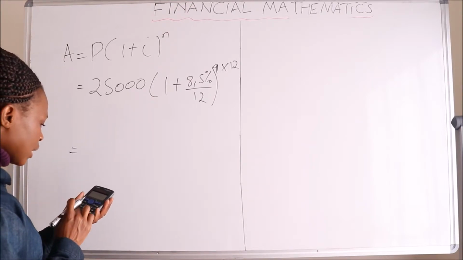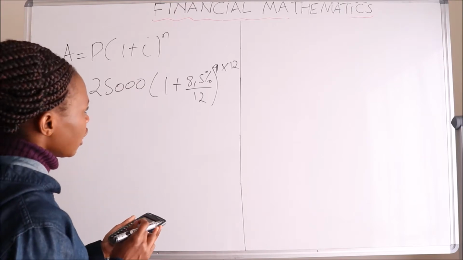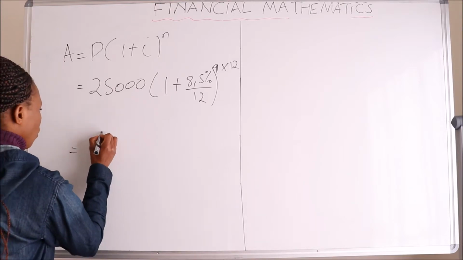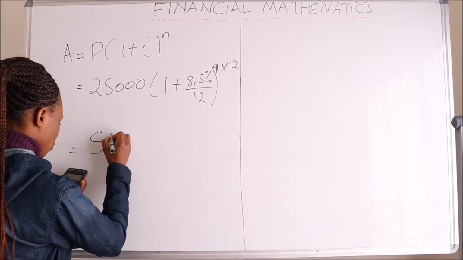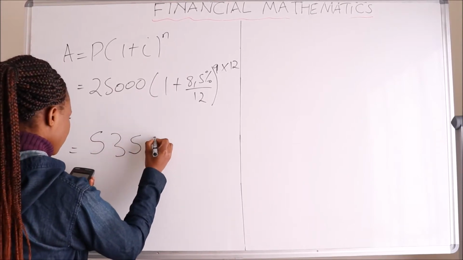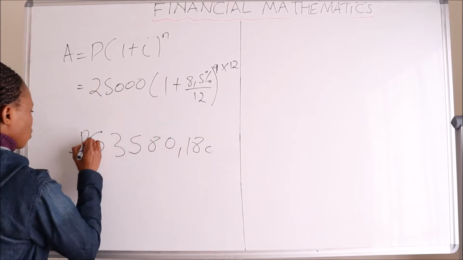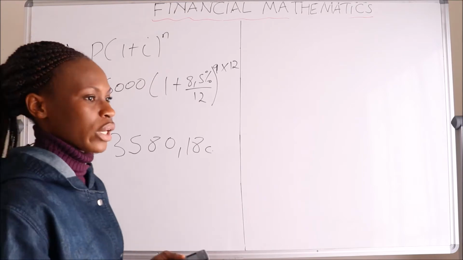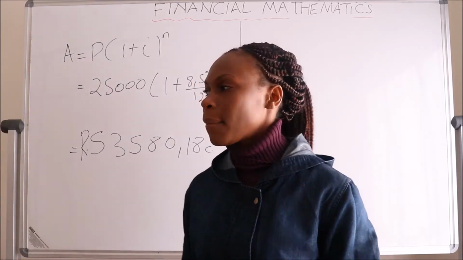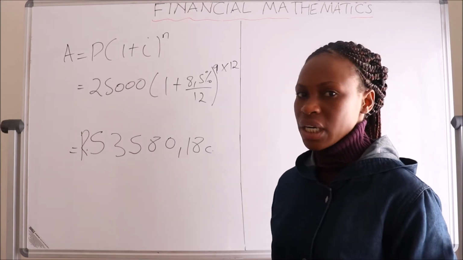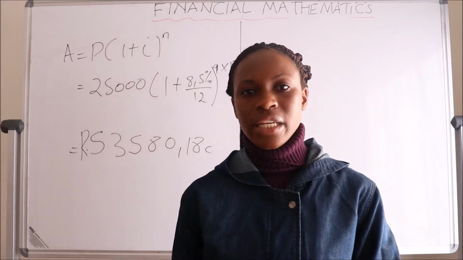Remember, it's compounded monthly, that's why we divide by 12 to an exponent of 9 multiplied by 12, of which on her 30th birthday she will have 53,580.18. So it's actually much better to withdraw on your 30th birthday, because the amount will be double, and double plus the original amount which you would have invested 9 years before.